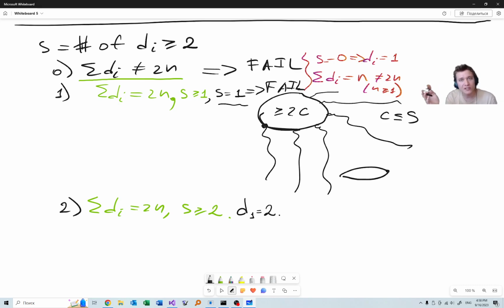So the maximum degree of a vertex is 2. This means that all these vertices which we will put in the cycle are of degree 2. And this is kind of an easy case. This means that all vertices are of degree 2, and this means that we can put them into one huge cycle.